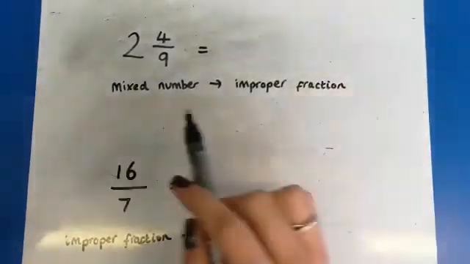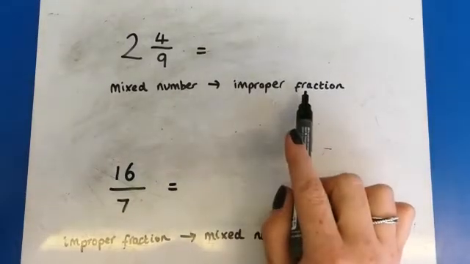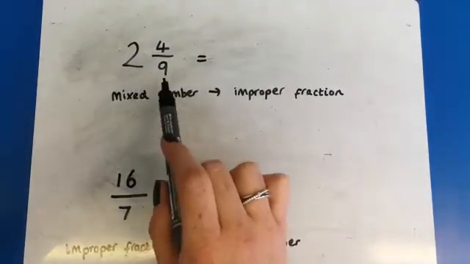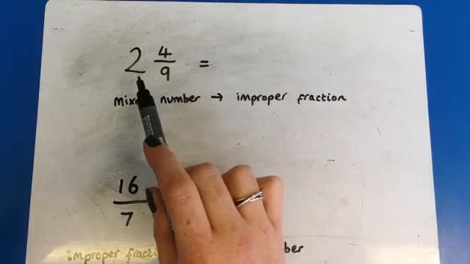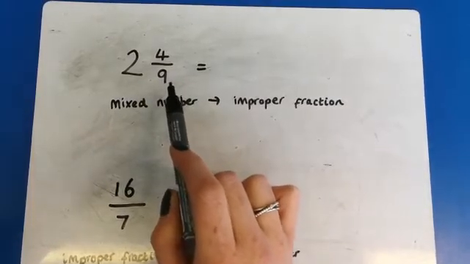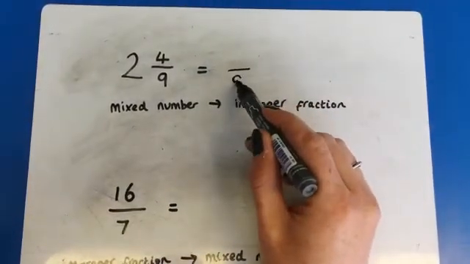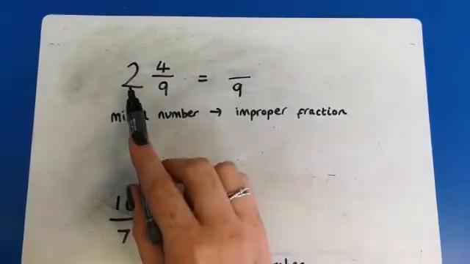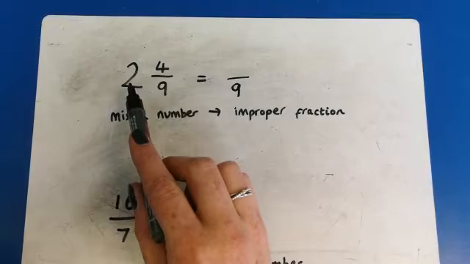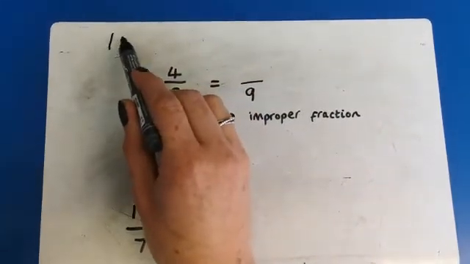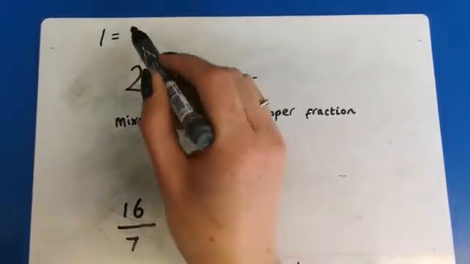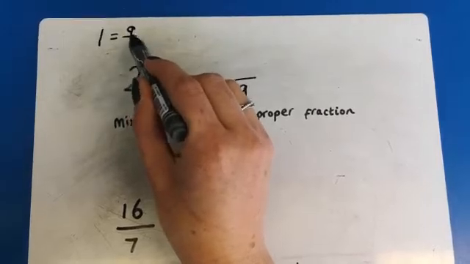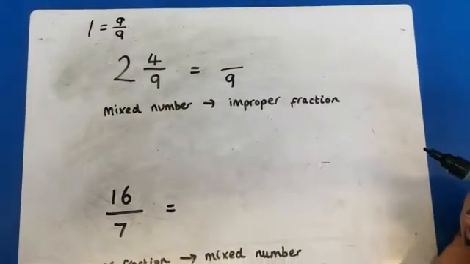So to convert from a mixed number to an improper fraction, you first of all need to look at your denominator. This time we've got 2 and 4/9, so I want to know how many ninths I have got altogether. First of all, we have a look at our whole number, and this time we've got 2 whole ones. If I think about what 1 whole would be in ninths, I can remind myself that 9 ninths would equal 1 whole.